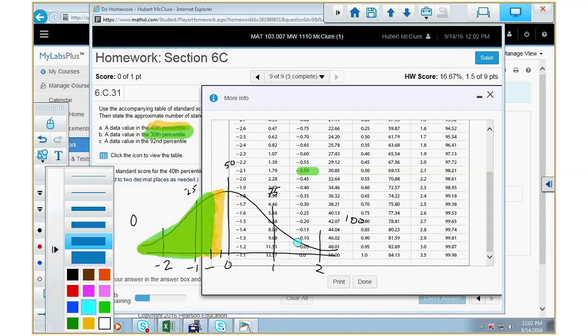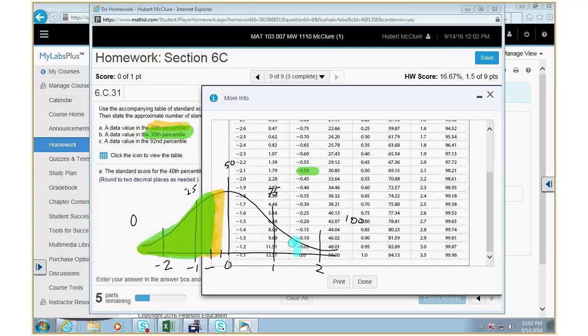So you're talking about a z-score of what? Somebody guesstimate. Maybe 0.5, but you know it's going to be between 1 and what? 2. The z-score you get has got to be between 1 and 2. That's why you need these pictures. If you don't draw these pictures, you're not going to have a clue.